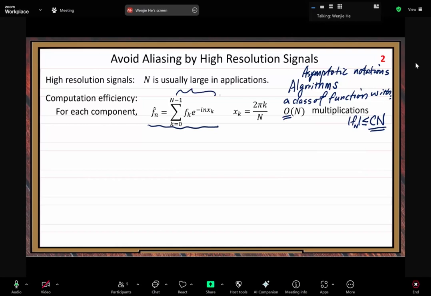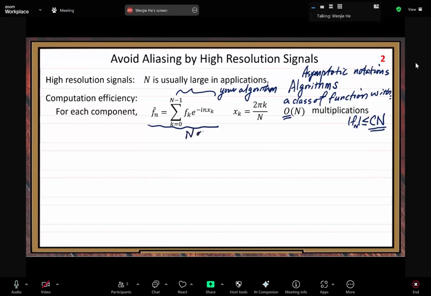This formula you treat as your algorithm. But when you apply this algorithm, how many multiplications do you need? Look at the number of multiplications, you need n multiplications, right?